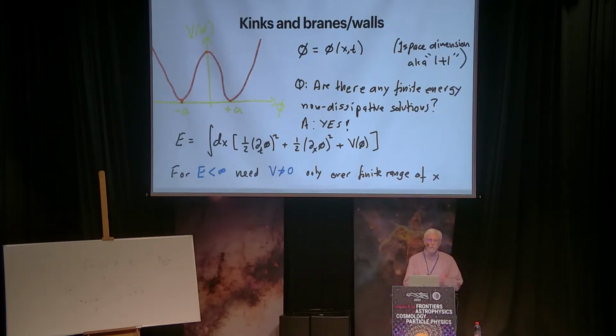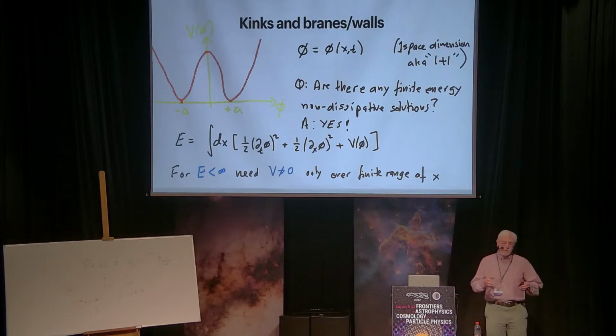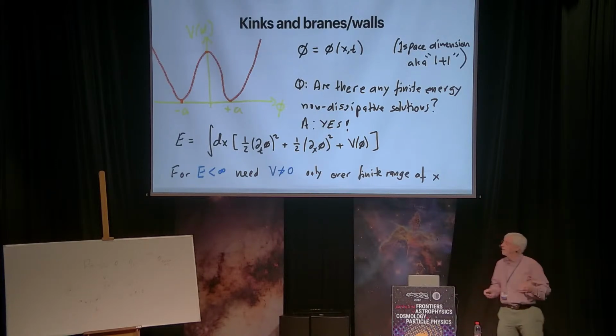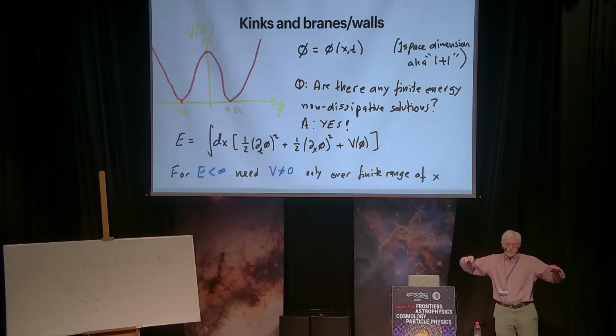A dissipative solution is one in which, if you compute the energy density locally, T00, for those of you who think in terms of general relativity, but just the energy density, and you start with some configuration at some time t equals 0, and that thing generally is not 0.